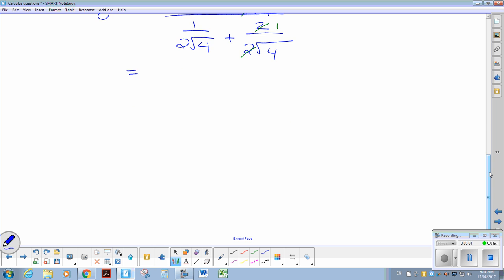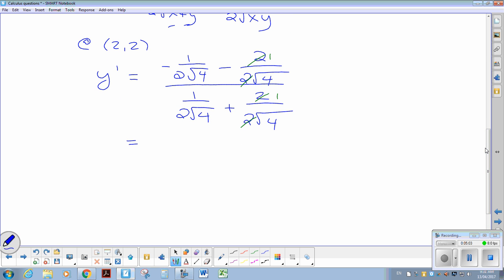So that first fraction, oops, we end up with 2 times 2, so negative 1/4 minus a half divided by 1/4 plus a half. Simplifying that, negative 1/4 minus 2/4 on top, and 1/4 plus 2/4 on the bottom.